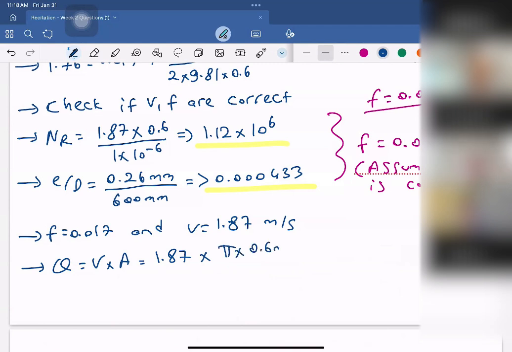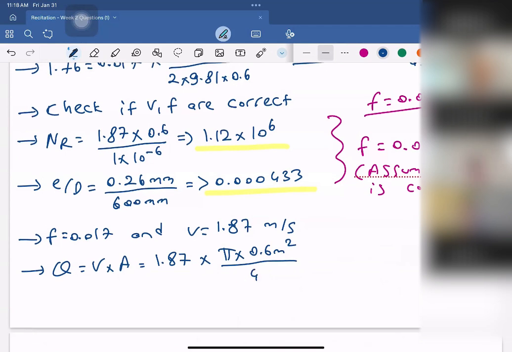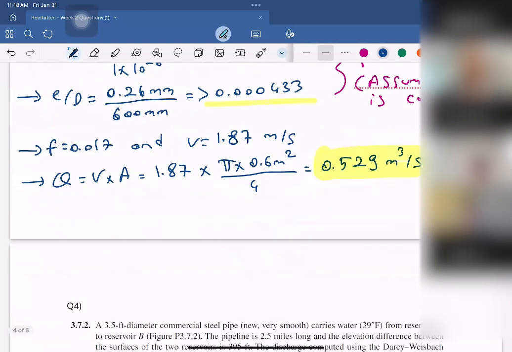Diameter was 0.6. Okay, do you have any questions here? And let me know if I'm going too fast or too slow, so I can adjust myself.